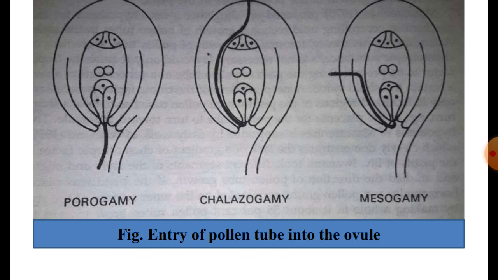But from these figures, one more thing we can conclude: whether pollen tube is entering through micropyle, chalazal region or integument, it always enters into the embryo sac through micropylar region.